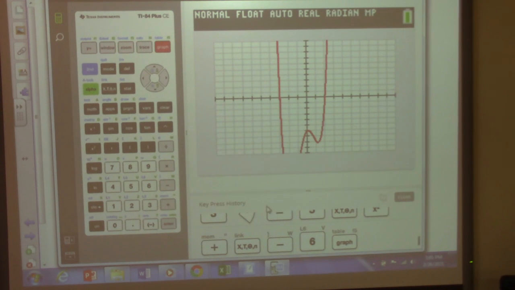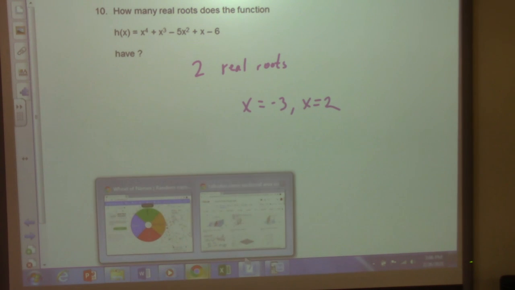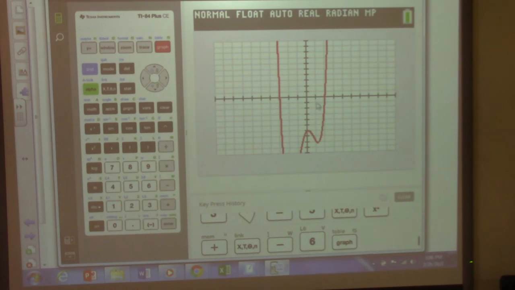So how many real roots do we have here? 2. So two real roots, x equals -3 and x equals 2, right? What kind of roots do we have left? If those are the 2 real roots, what kind of roots do we have remaining?